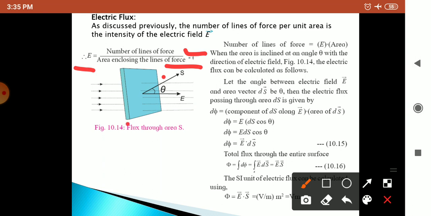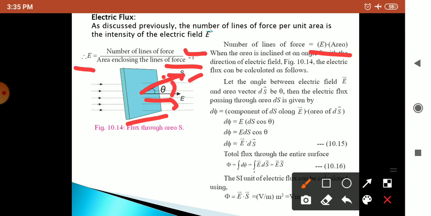Here the area is S. So the number of lines of force is E into area, when the area is inclined at an angle theta with the direction of the electric field. The direction of electric field is this one, and this area is inclined by an angle theta.